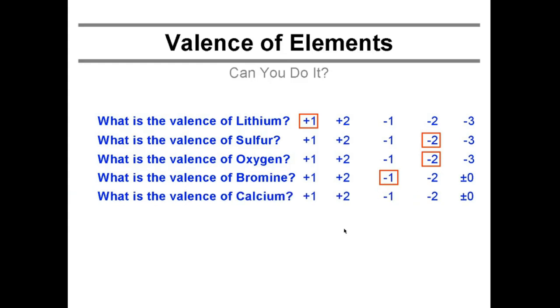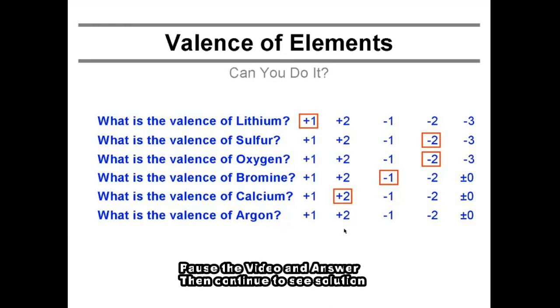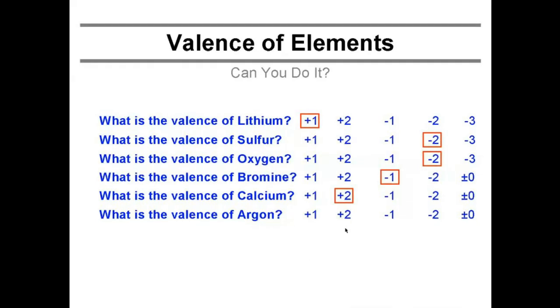Calcium we just did. You should remember this one. That was a +2. Argon. Let's try argon for good measure. See if we can figure this one out. And that one is interesting. It's kind of a little trick question.